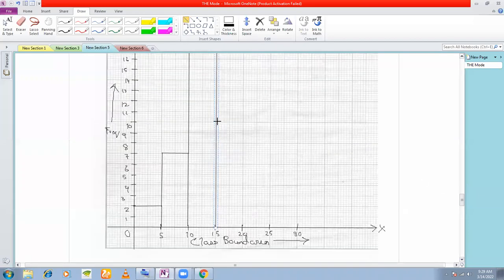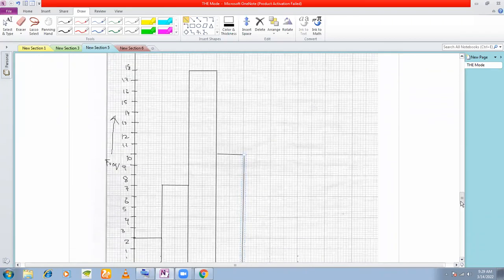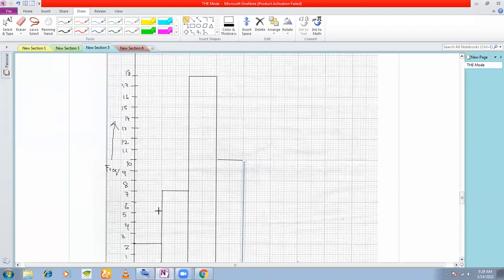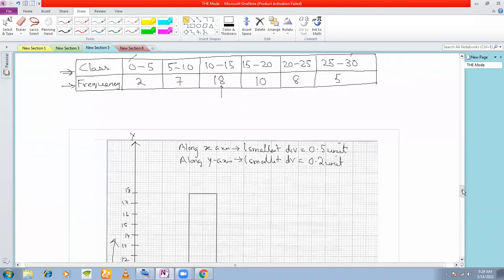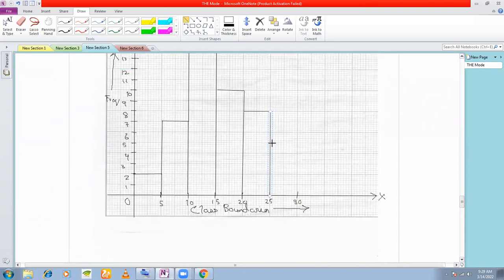So corresponding to 10, draw a horizontal line, 15 to 20, and then you complete the rectangle. Next you have 20 to 25 with frequency 8. Draw a horizontal line between 20 to 25 corresponding to 8 and you join it here, right? And finally you have 25 to 30 with frequency 5. Frequency 5 is here, and you complete this rectangle. So this completes the histogram.